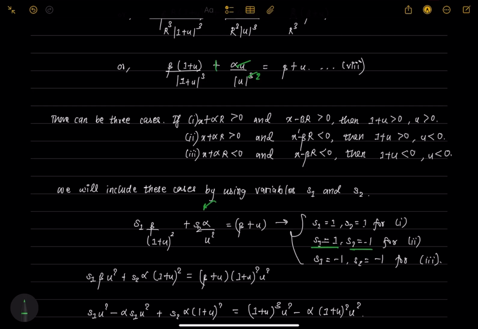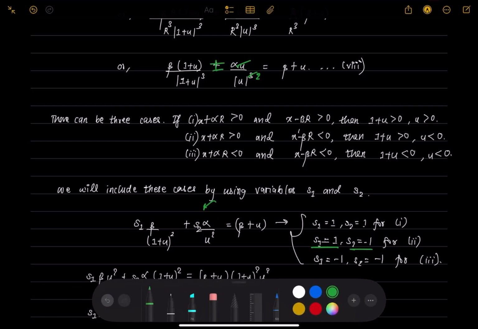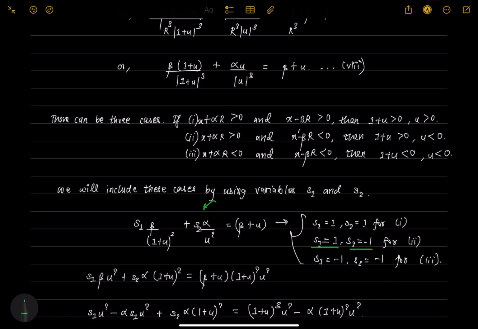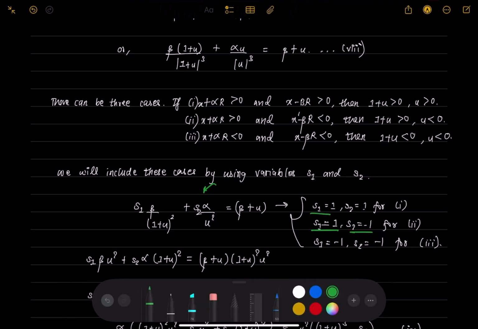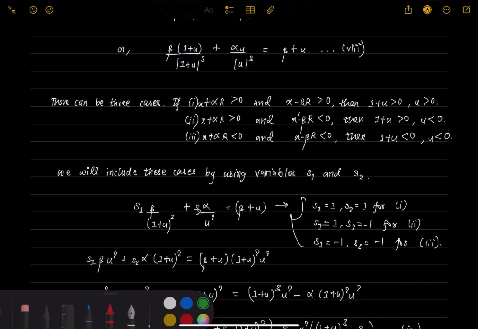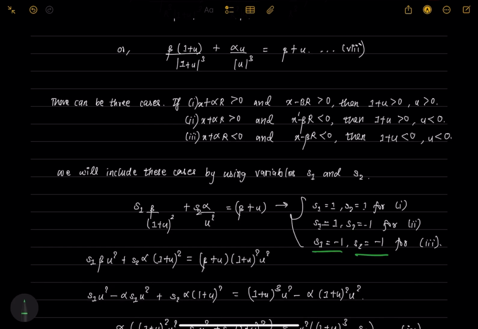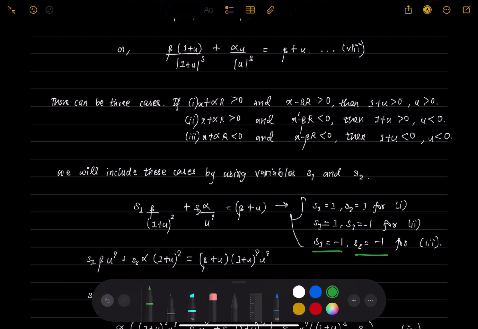Is it a plus or a negative sign that we're going to have to use in front of the second term? We're basically characterizing the signs to be used, unity and negative unity, by S1 and S2 for the three different cases. And for the third case, as is very apparent, S1 and S2 are both supposed to be negative.